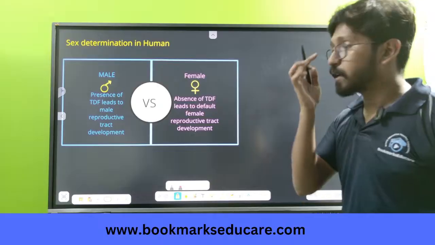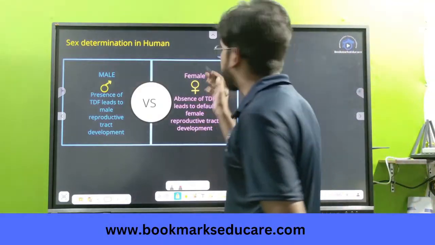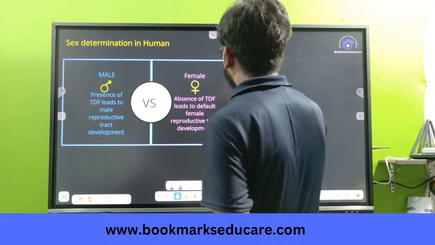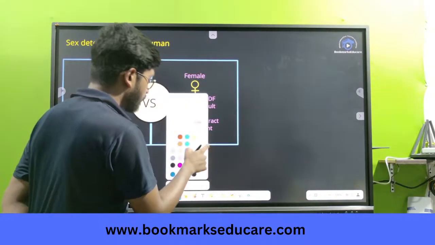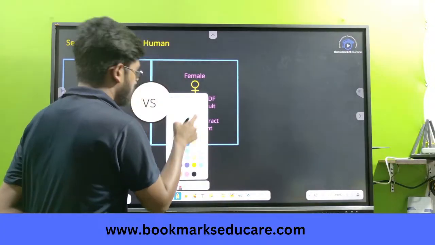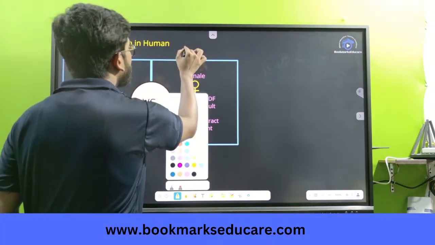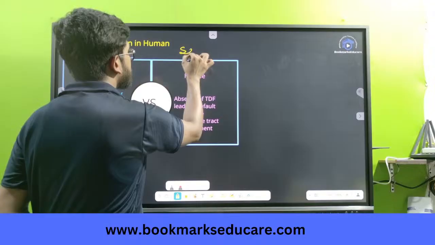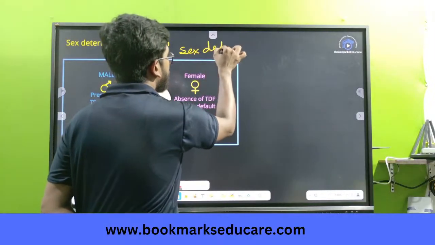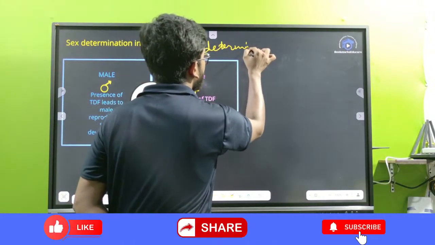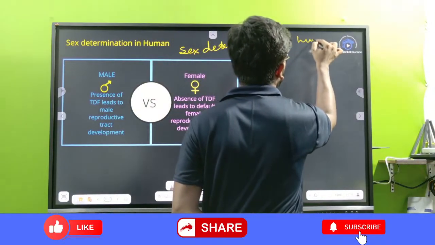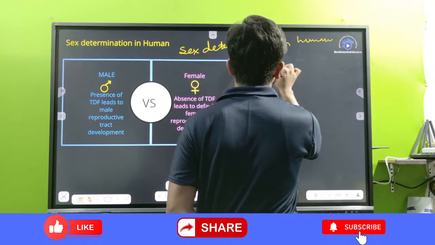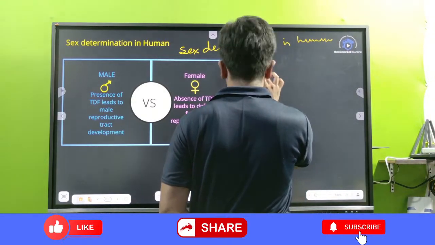Now let's see sex determination in humans. For humans, let me write something. The most important thing you have to note is that sex determination in humans is by default female.